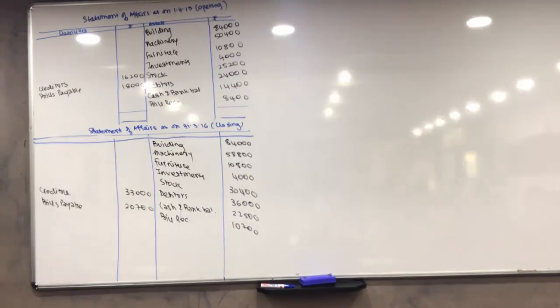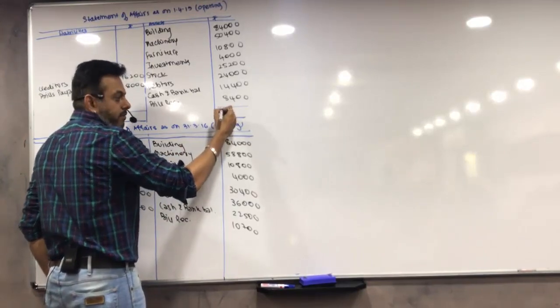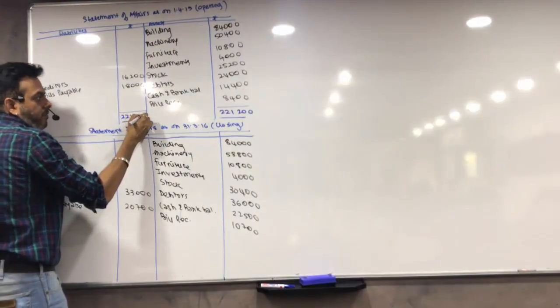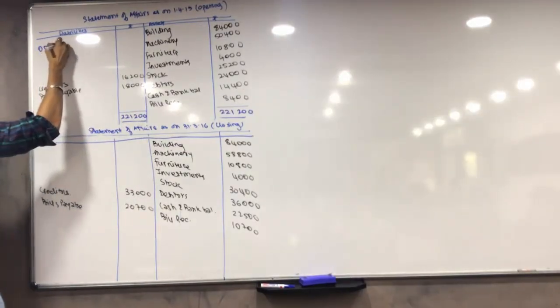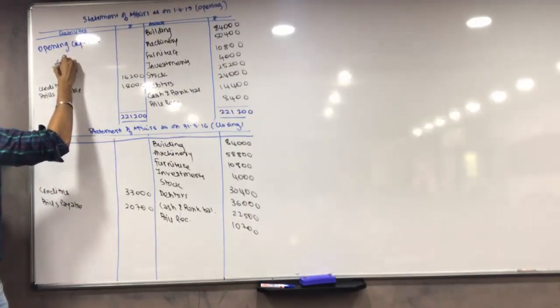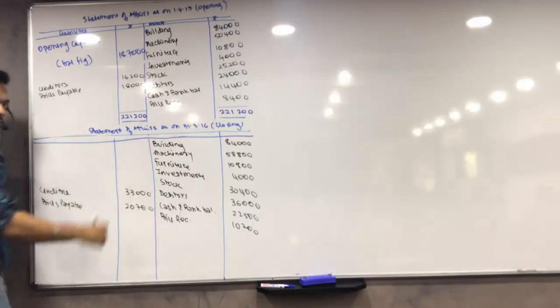Total the assets first. What's the total of asset opening? 221. Opening capital 1,87,000, the balancing figure. 1,87,000.